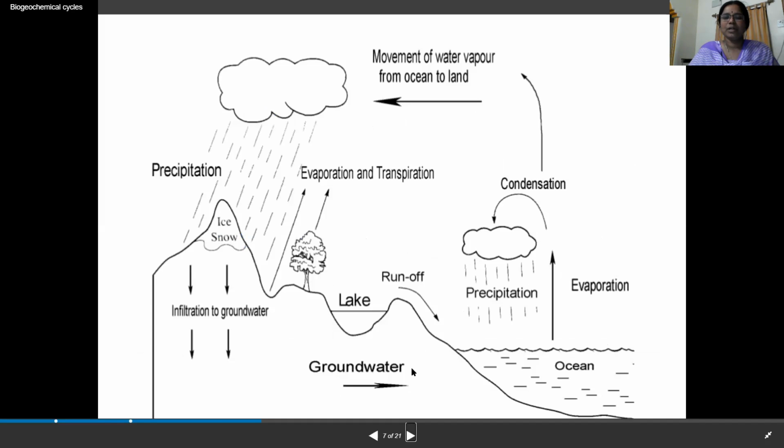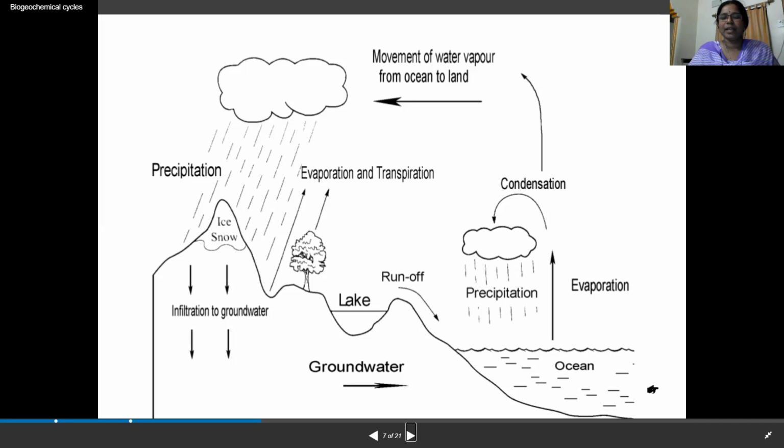So this is groundwater. For example, you take an ocean, it undergoes evaporation and then condensation. The water vapor is accumulated in the clouds, and the clouds undergo precipitation, right? This falls on the ice, snow, etc. And from this, it again comes back to the groundwater layer.